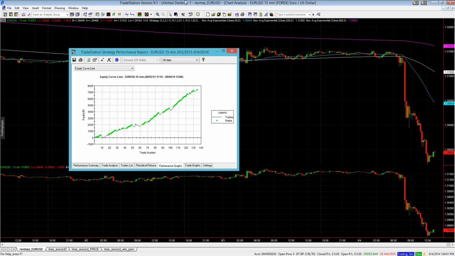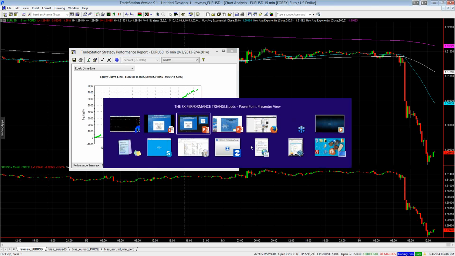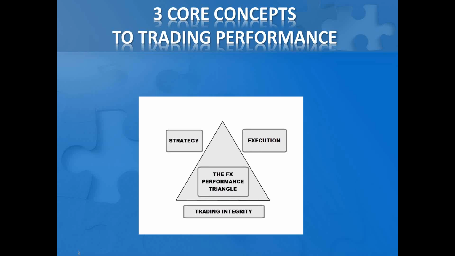But what makes someone truly successful in this industry takes a few elements. So let's talk about those elements. There are three core concepts to trading performance. If you get these three core concepts, then you will be successful at trading. Now, if you miss any one of these components, you will absolutely fail.